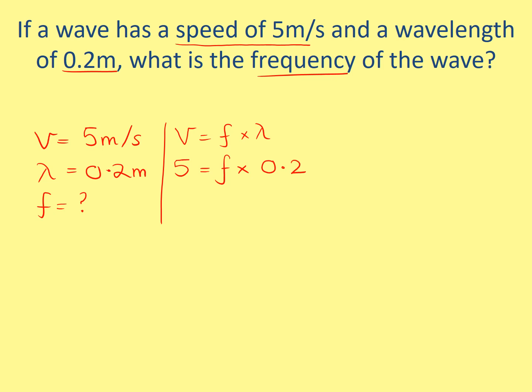And so what we'll do to solve this is we will divide both sides by 0.2. And so into your calculator, you'll do 5 divided by 0.2. And that gives me a frequency of 25 hertz.